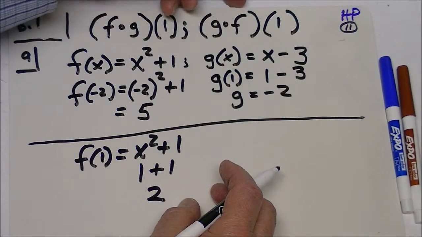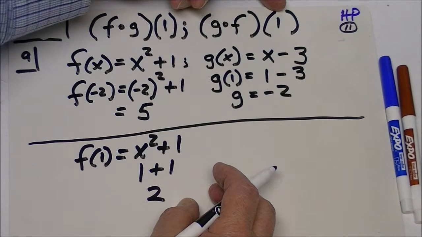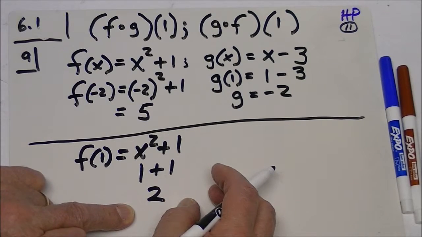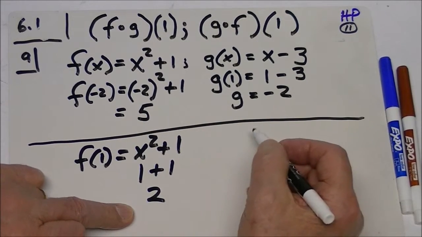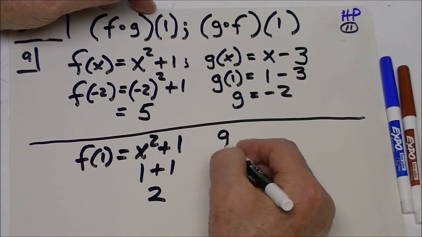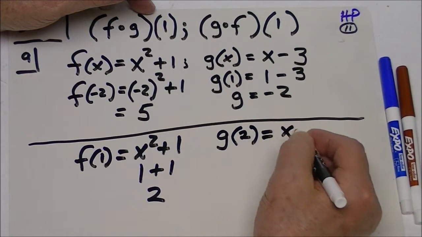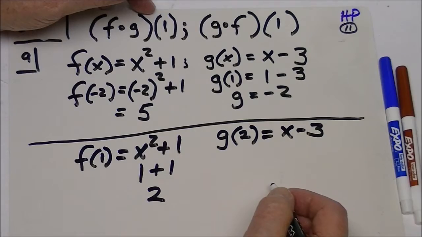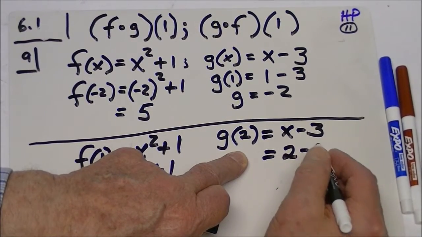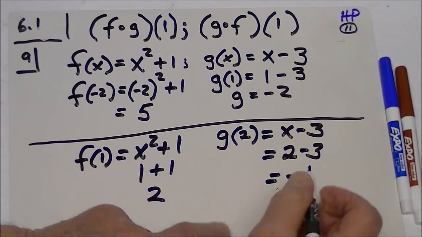So we have taken our f function first, put in the 1, and we end up with a 2. We now take this 2 and put it in our g function. So it's g of 2 now, where x minus 3. So our x is going to be 2 minus 3. This equals a negative 1.